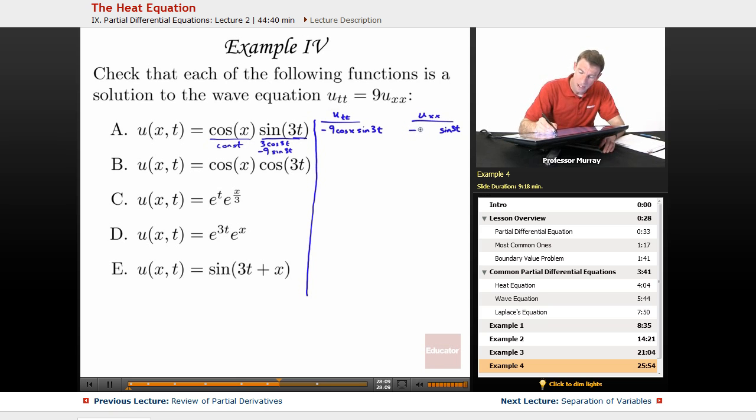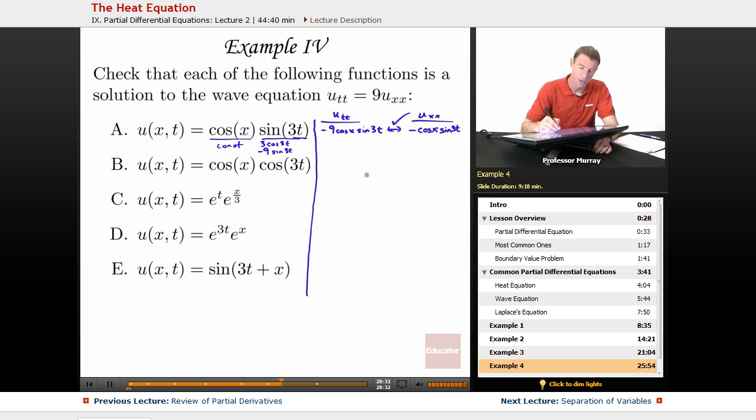So u_xx is negative cosine x times sine of 3t. And if you compare these to each other, we see that u_tt is exactly 9 times u_xx, and so it satisfies the differential equation. So we've just checked that our first function satisfies the partial differential equation.